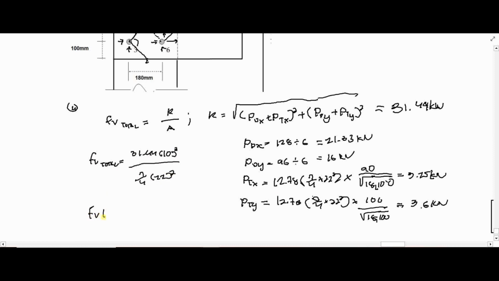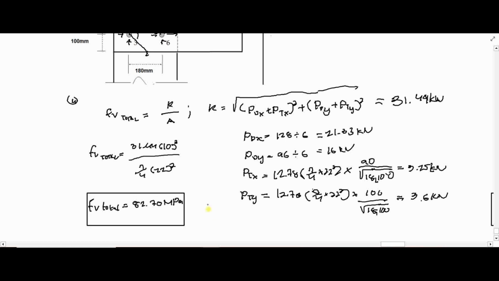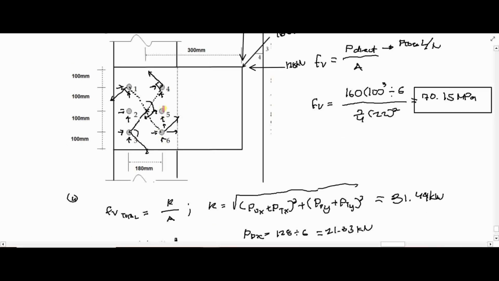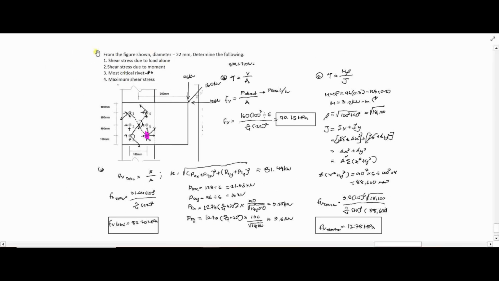So Fv total will yield 82.70 MPa. So this will be our maximum shear stress, which will occur on rivet number 6. That is our solution for this problem.